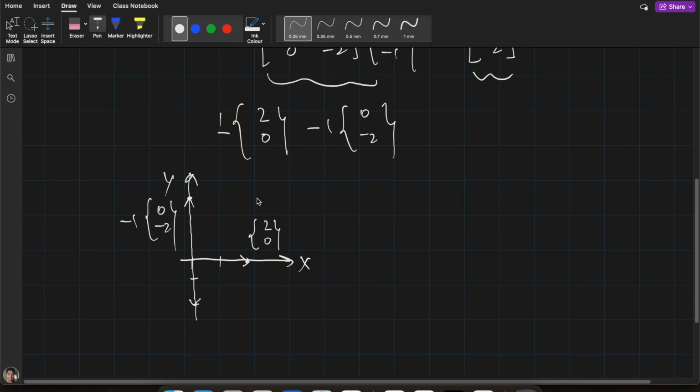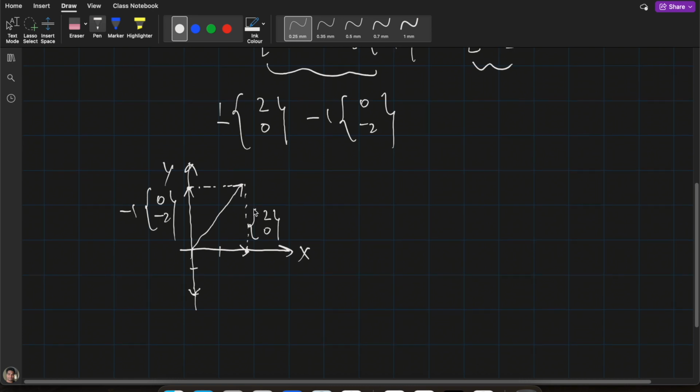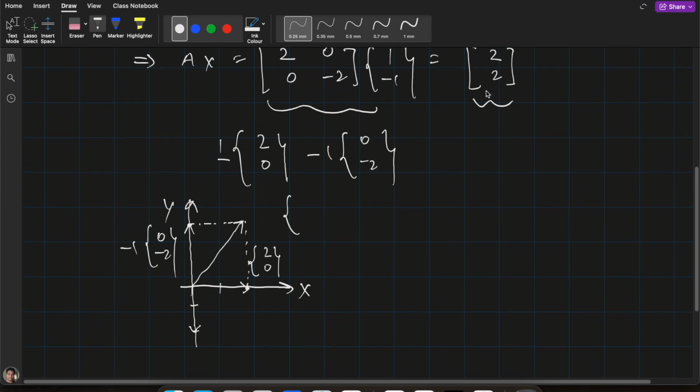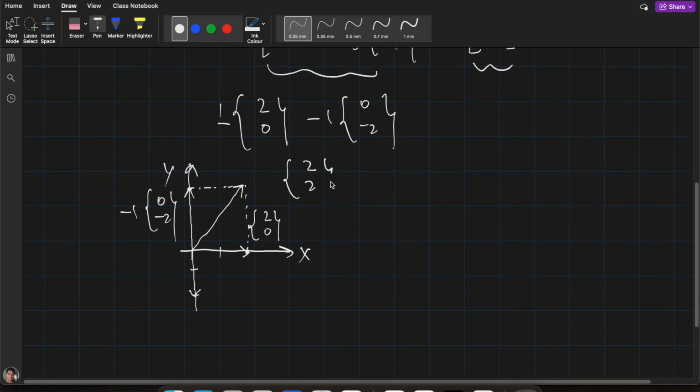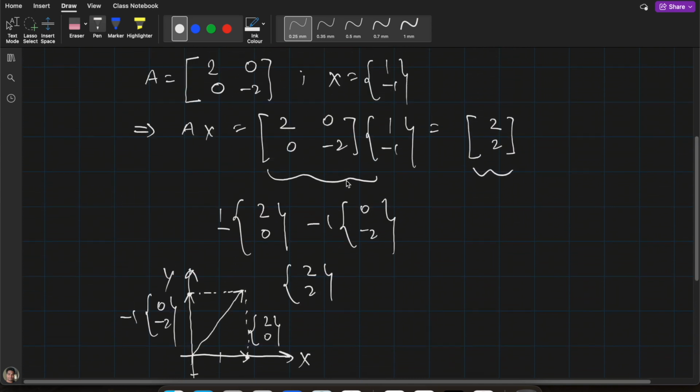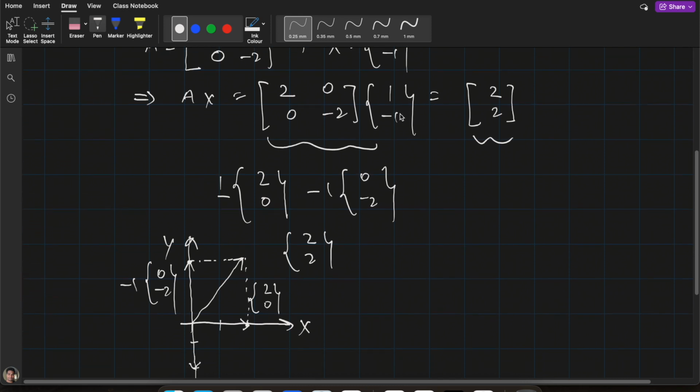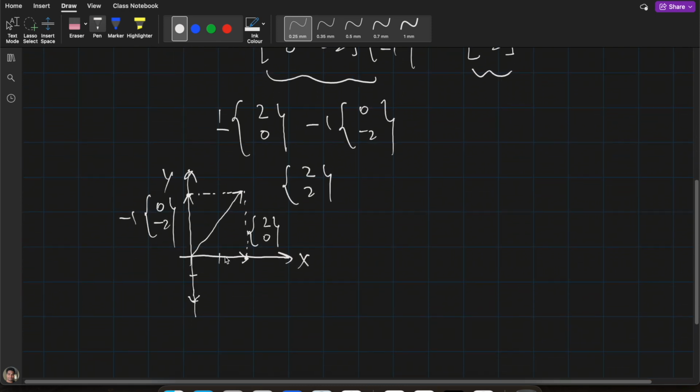Now after adding these, you will get a resultant vector, right? So what is this vector? This vector is nothing but (2, 2). Now let's see the initial vector. What is the initial vector? (1, -1). This is the initial vector.